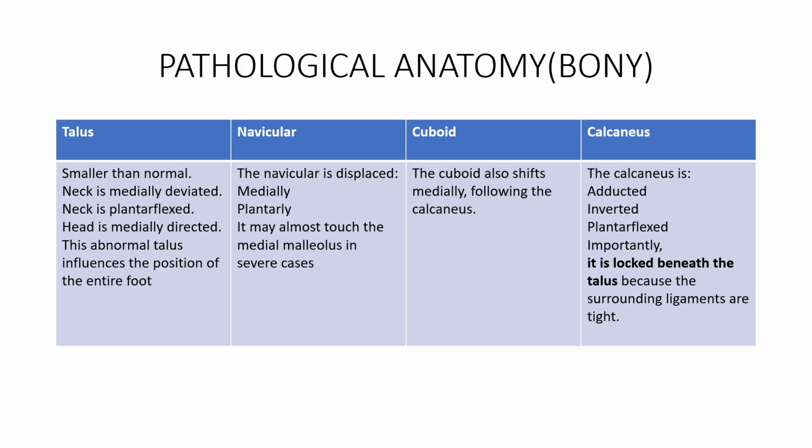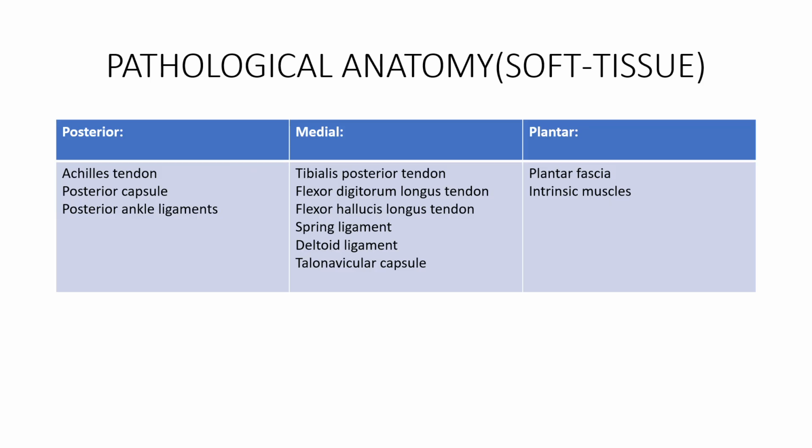The navicular is displaced medially and plantarly. It may almost touch the medial malleolus in some severe cases. The cuboid also shifts medially following the calcaneus, and the calcaneus is adducted, inverted, and plantar flexed. Importantly, it is locked beneath the talus because the surrounding ligaments are tight.